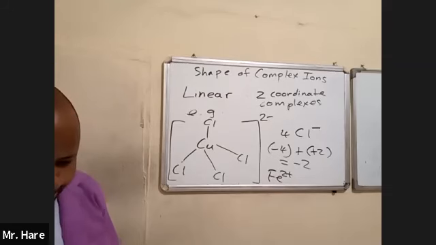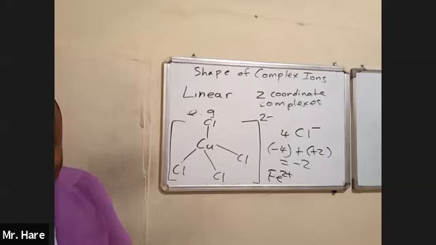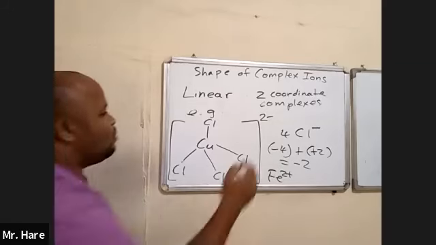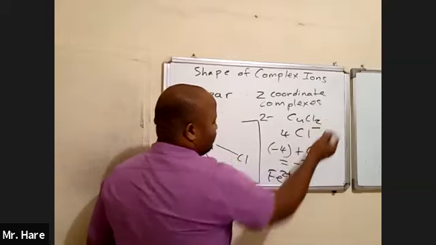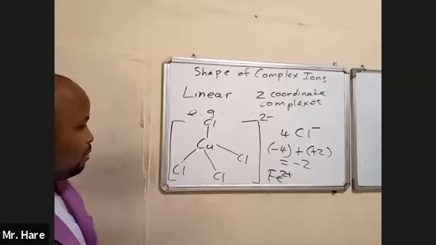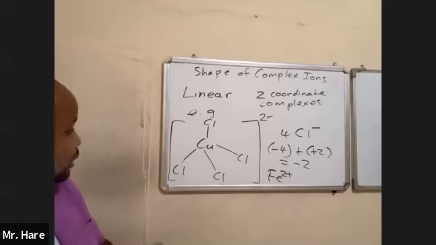Sir, I think cobalt chloride, CoCl4, is blue, and CuCl4 is yellow green. When it's bonded to copper with the coordinate bonds you have shown right here, that's yellow green. All right, so let's do the linear one.